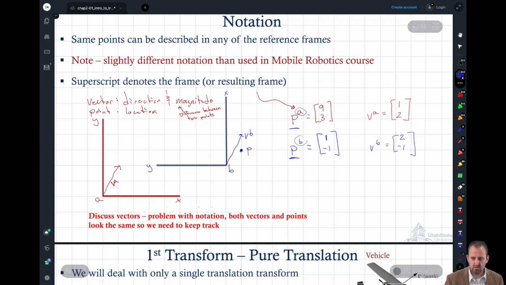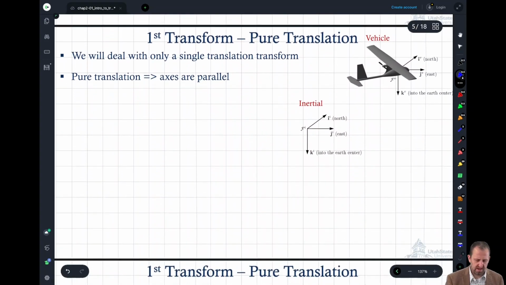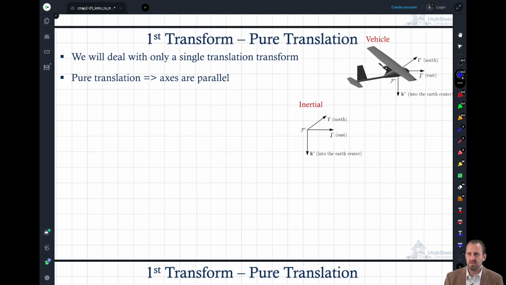Okay, so in this case, we've defined points, and we've also defined vectors, and we've also defined the reference frame for which we're expressing those points and vectors. So let's talk about our first type of transform. And this transform is just a pure rotation. Or pure translation, I should say.